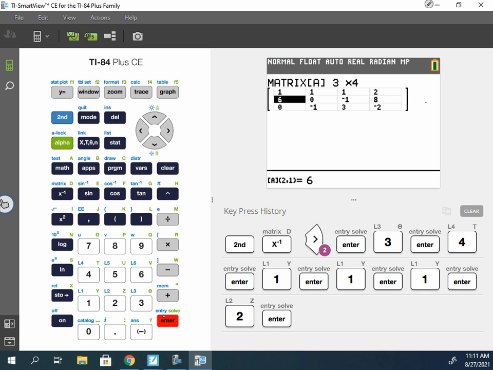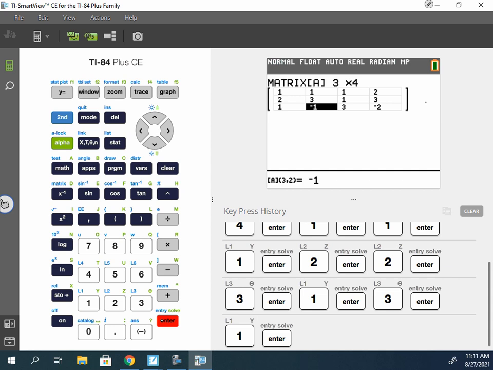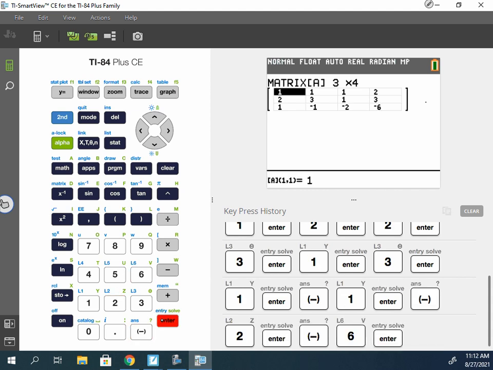And then we can do the second one, 2, enter, 3, enter, 1, enter, 3, and then 1, enter, negative 1, enter, negative 2, enter, negative 6, enter. And once you've entered in the last one, it should throw you back up into the first row, first column. So we want to enter all those in.